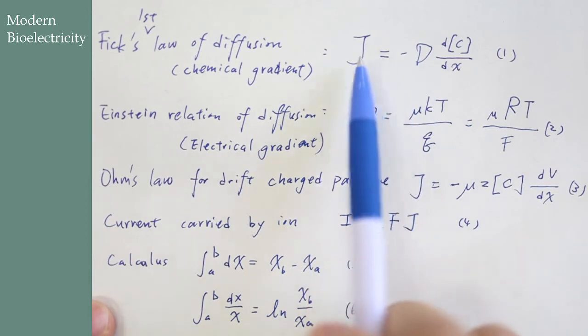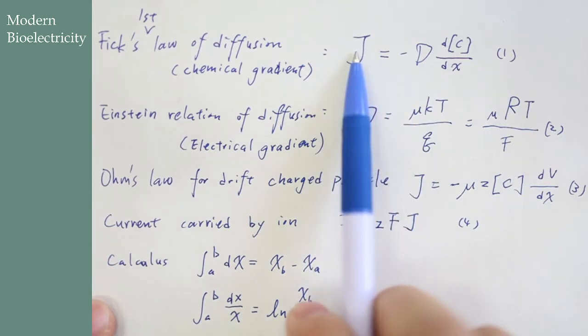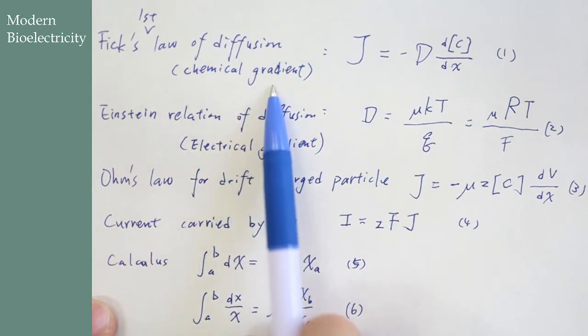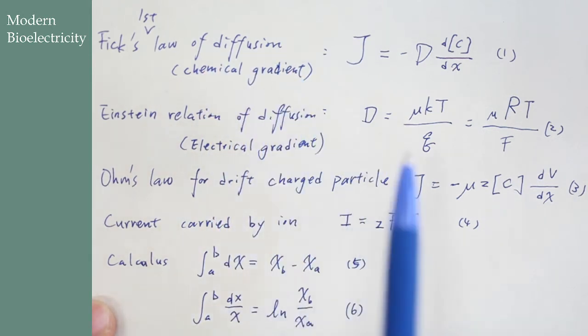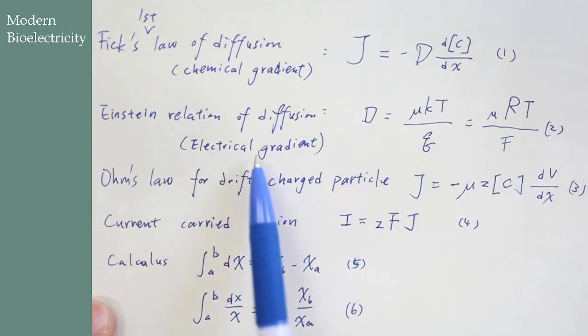Don't forget that J is the flow. Here, J is the flow of the chemical caused by the chemical gradient, and this J is the flow caused by the electrical gradient.